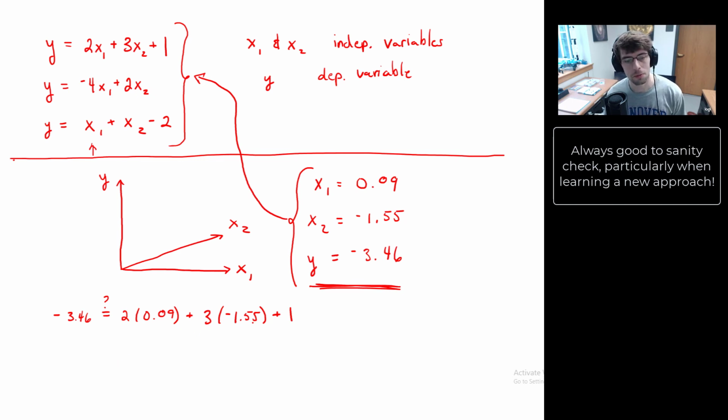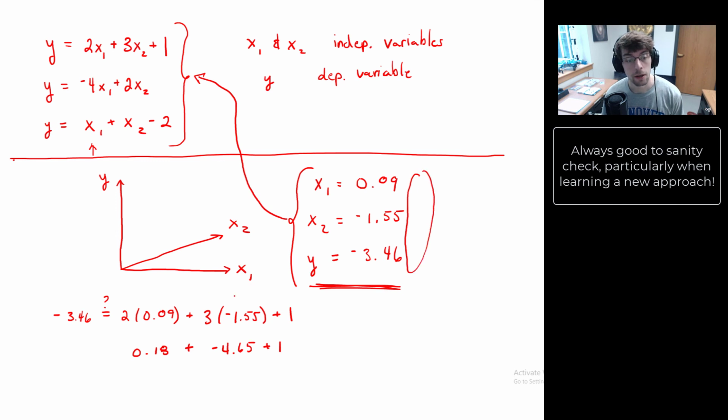So 3 times 1.55, so 3 times 1.5 is 4.5, plus another 0.15. So this would be something like negative 4.65 plus 1. And this is 0.18. And now you can see, I'm rounding, of course. I truncated these digits right here.